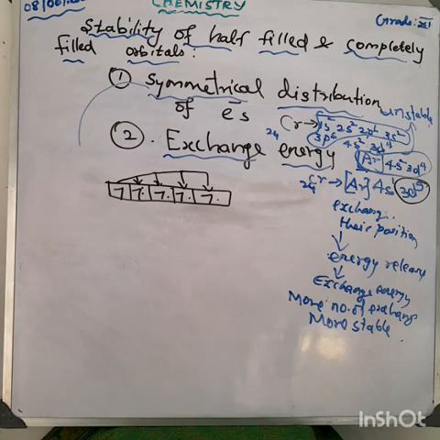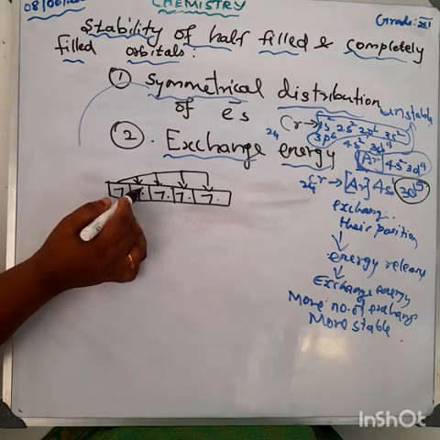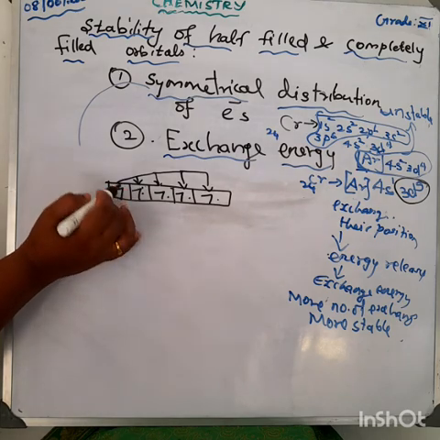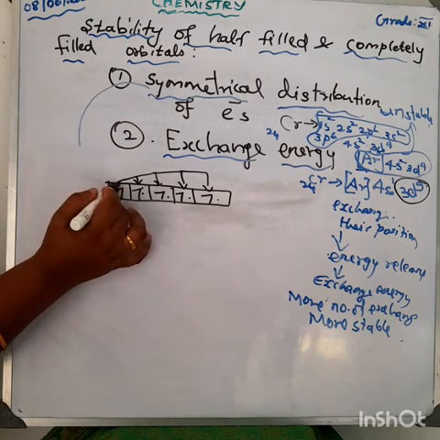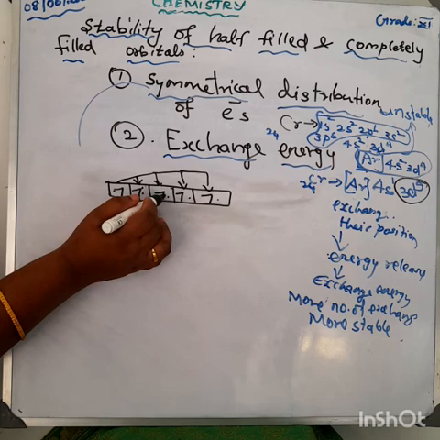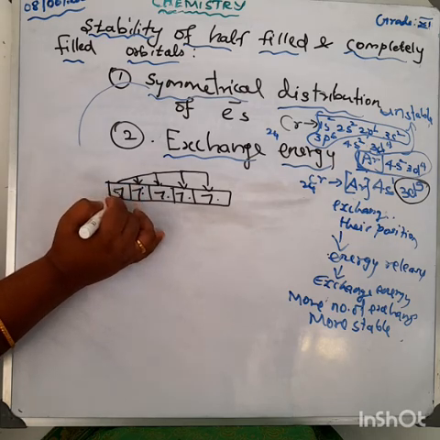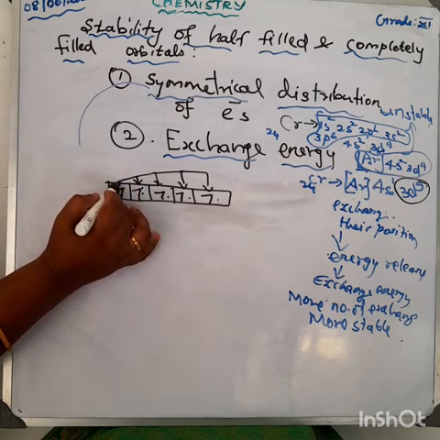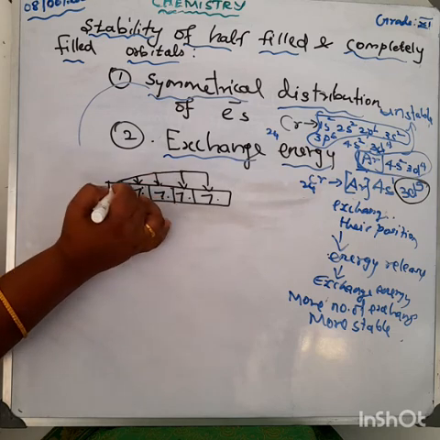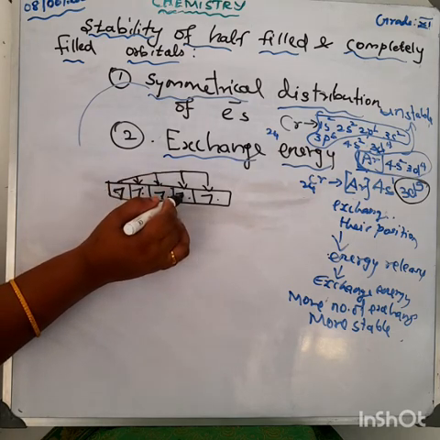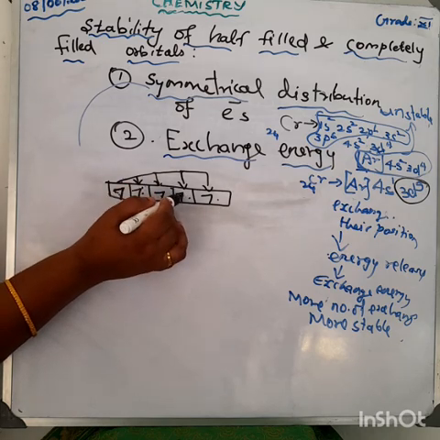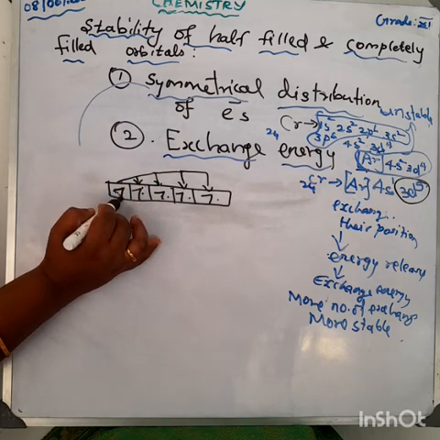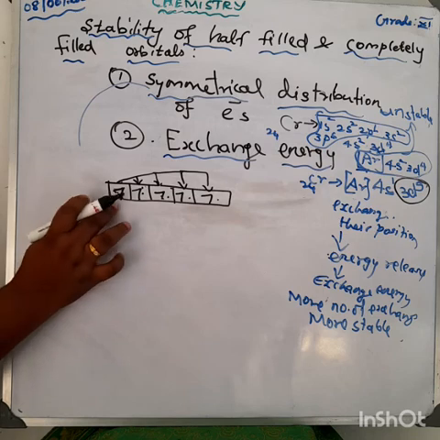Suppose it exchanges its position with the fourth orbital, the fourth orbital's electron will come to the first electron's place.